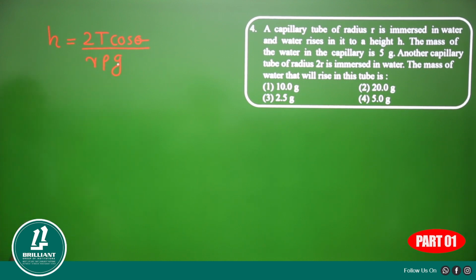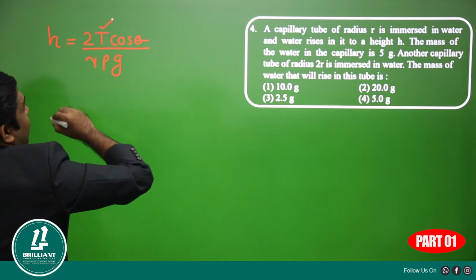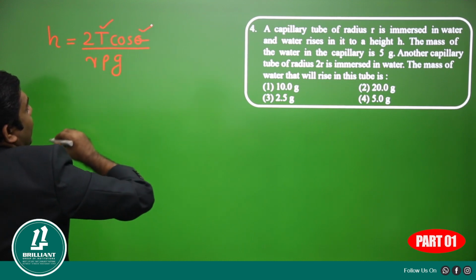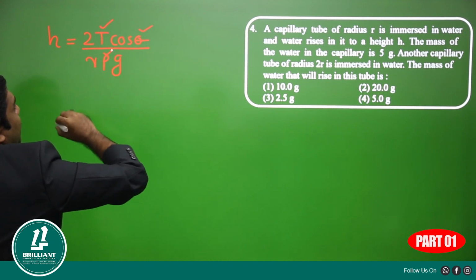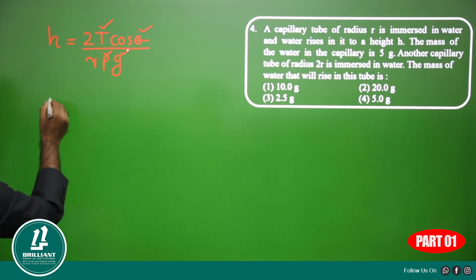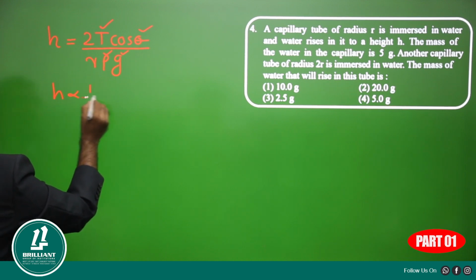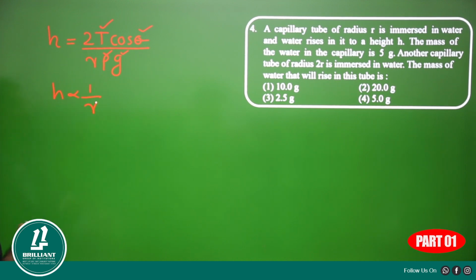And for a given situation, surface tension, angle of contact, density and acceleration due to gravity are constant. So I can say h is proportional to 1 by r. h proportional to 1 by r.